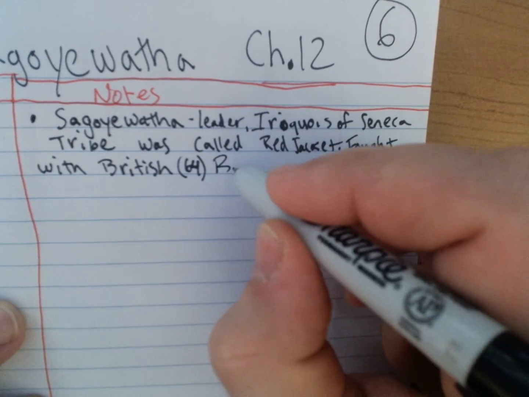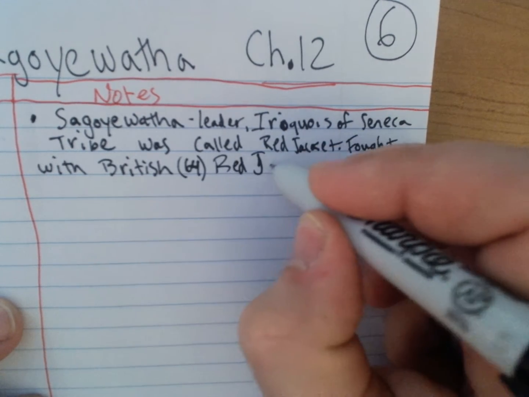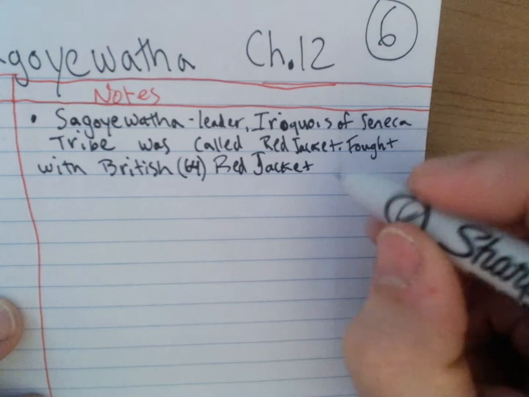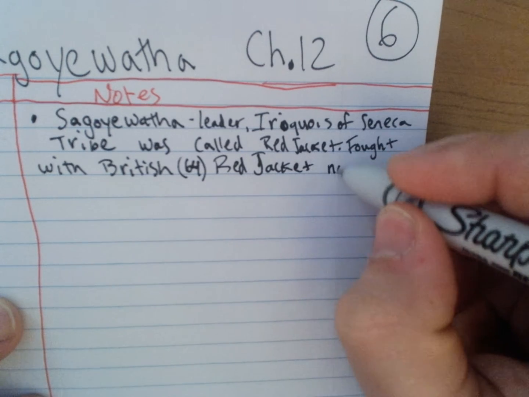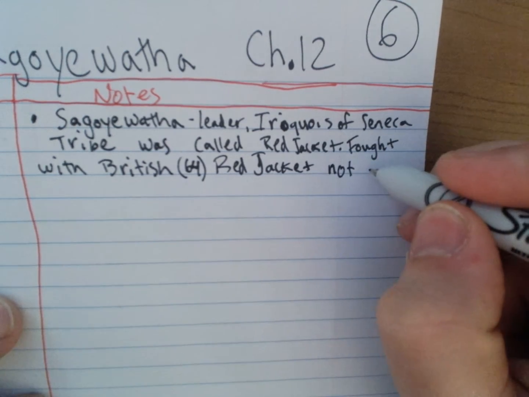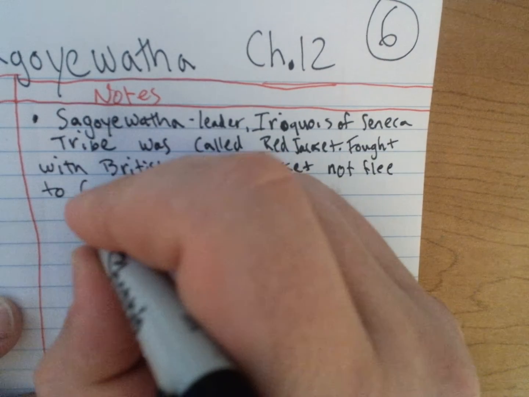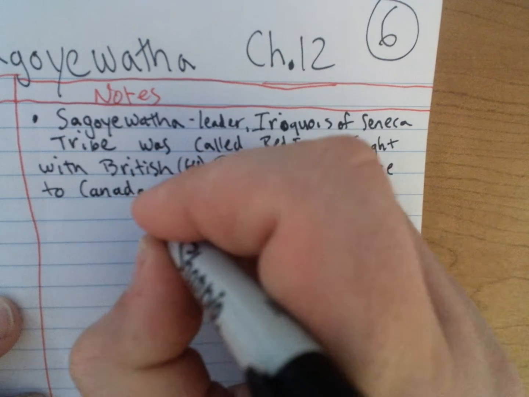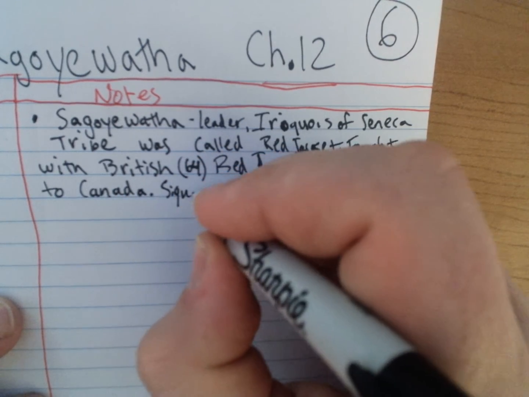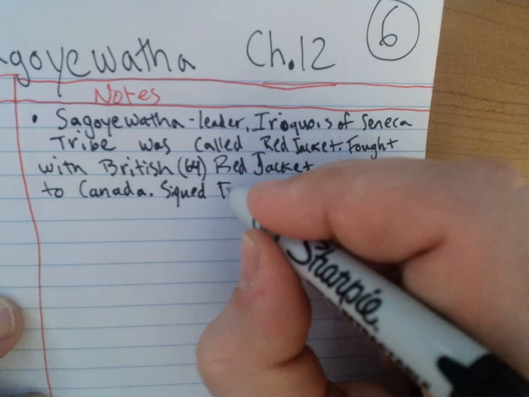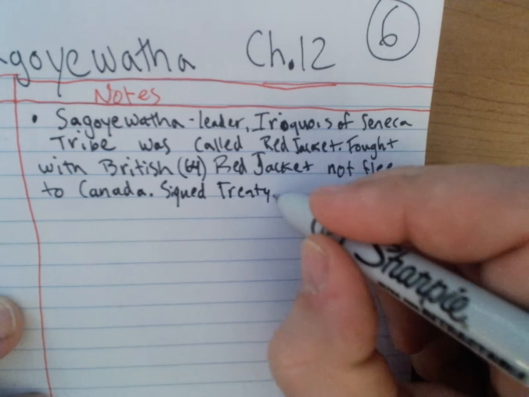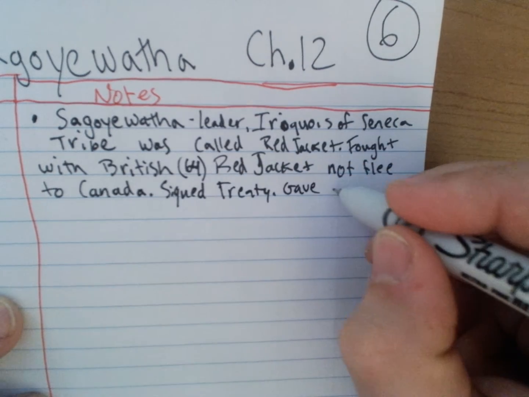Red Jacket. Not, as in did not, flee to Canada, signed treaty, gave up land.